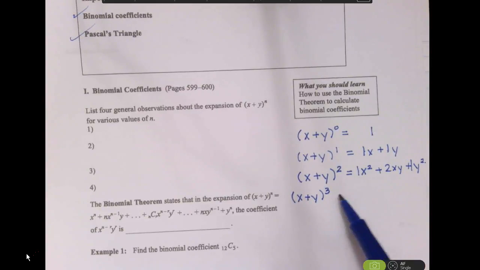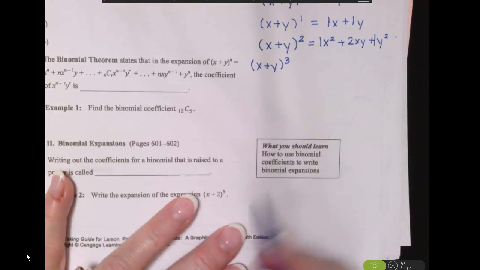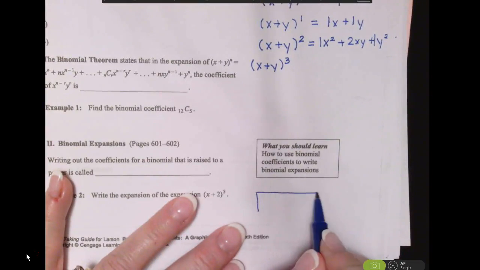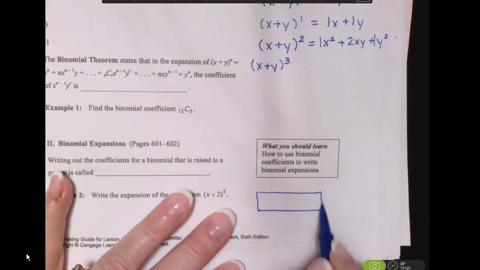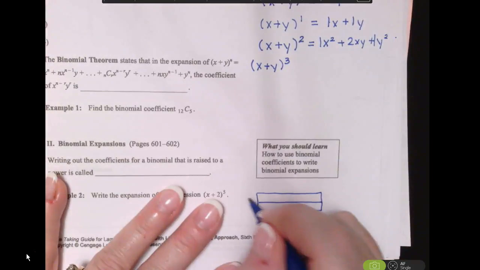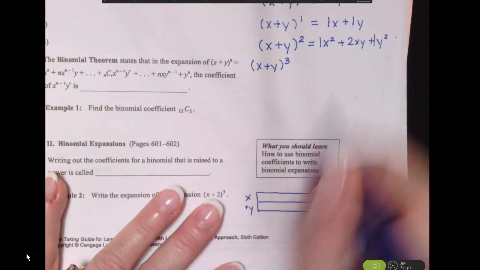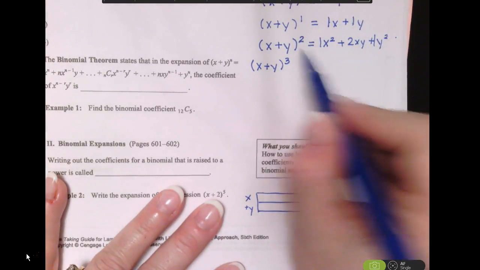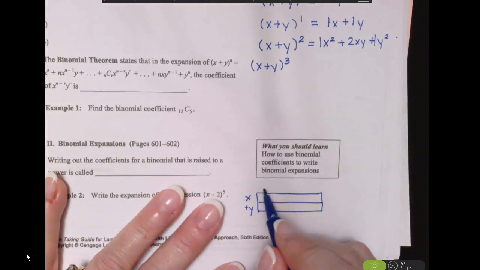I'm actually going to go, let me go down to the bottom of my paper where I have some room and just create a box so that I can keep track of my terms. I'm going to multiply x plus y times the quantity that I got for when I did x plus y squared, and that'll be x plus y to the third.